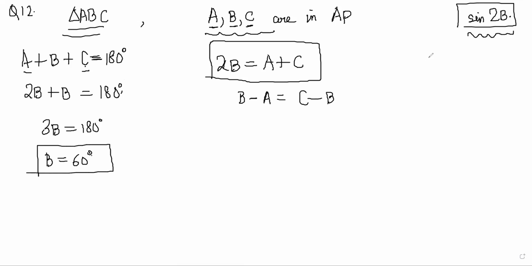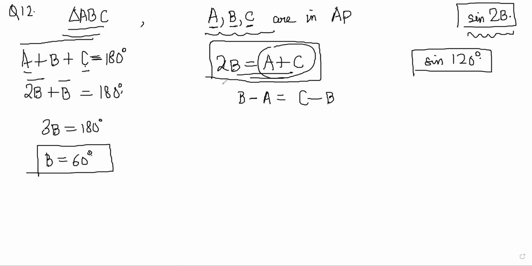So sine of 2B is basically sine of 120 degree, right? You understand how A plus B plus C became 2B plus B, right? Because A plus C is 2B. So you immediately got one angle is 60. So sine 2B became sine 120.